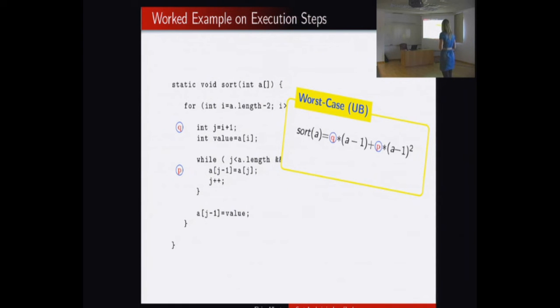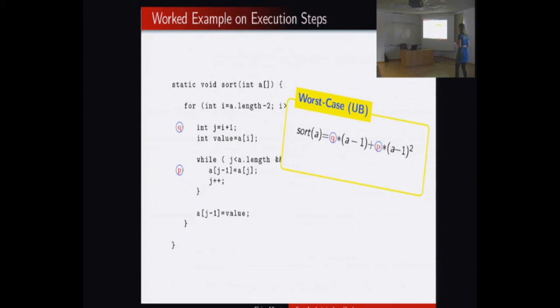We can see that the outer loop, the for loop, is executed a linear number of times. We traverse the whole array. A is the length of the array. We traverse it A minus 1 times. So the Q instructions that I have in this loop will be executed A minus 1 times. And at each iteration of the for loop, I execute the while loop.